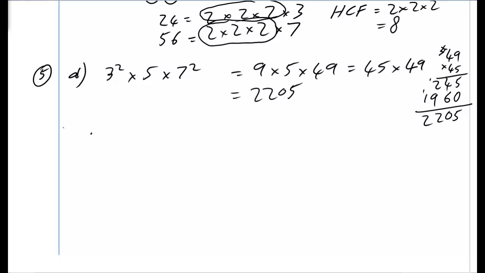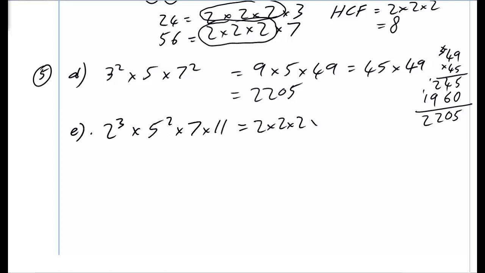Let's have a look at number E of number 5. You've got 2 cubed times 5 squared times 7 times 11. Rather than type 2 cubed into your calculator, you should be able to do 2 cubed is 2 times 2 times 2.